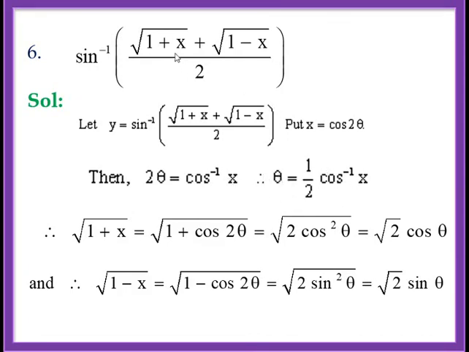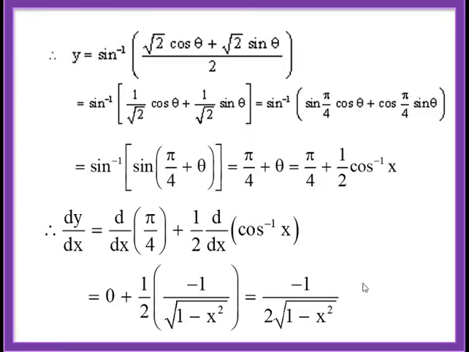Now root 1 plus x becomes, with this substitution, root 1 plus cos 2 theta. 1 plus cos 2 theta is 2 cos square theta. Its root is root 2 cos theta. Root 1 minus x becomes root 1 minus cos 2 theta, that is root 2 sine square theta, which is root 2 sine theta. Substitute to get y as sine inverse of root 2 cos theta plus root 2 sine theta upon 2.